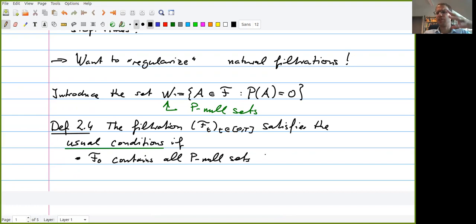Because this is an increasing sequence, if F_0 contains all P null sets, then all the other sigma algebras at higher times will also include the null sets. This is what's called completeness.